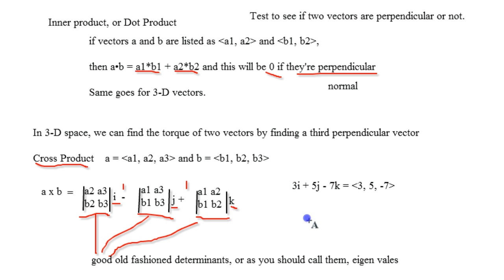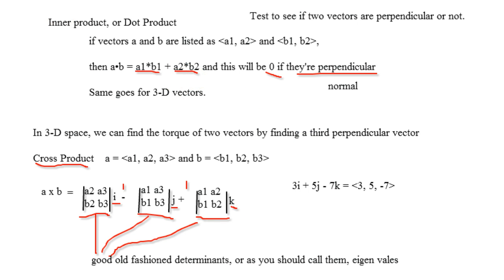That's how you represent it with the unit vectors. You do the determinant of A2, A3, B2, B3 for the i portion, then A1, A3, B1, B3 for the j portion, and A1, A2, B1, B2 for the k portion. Then work out the determinants as they are.